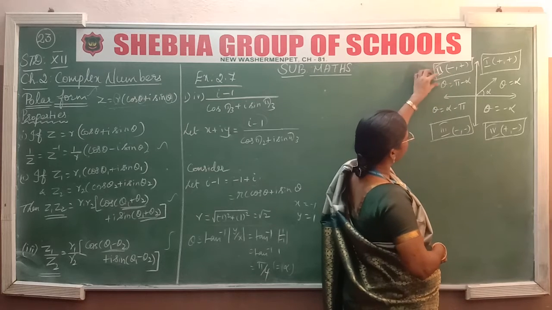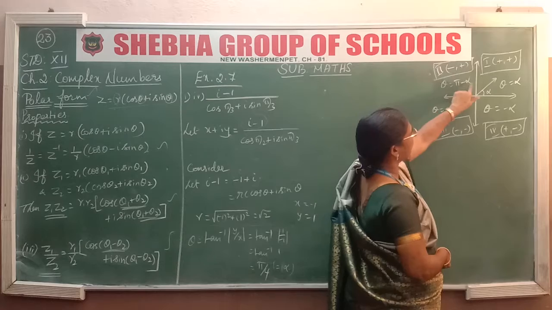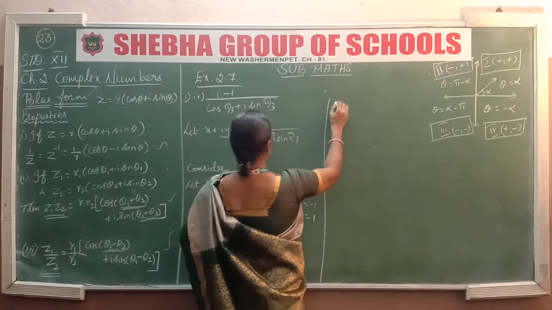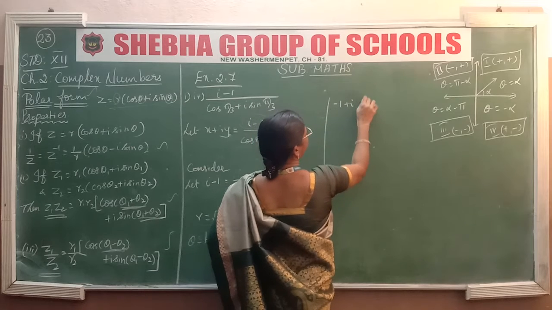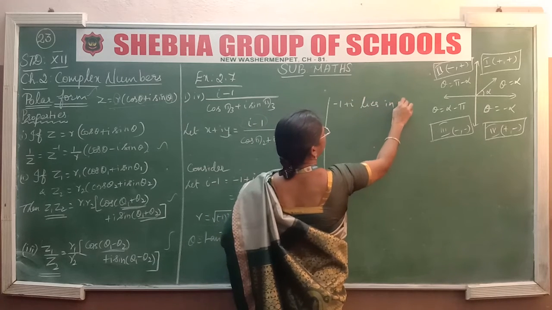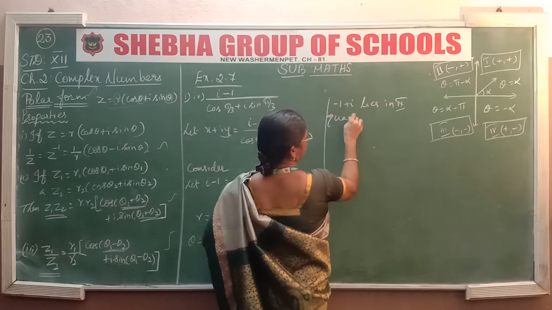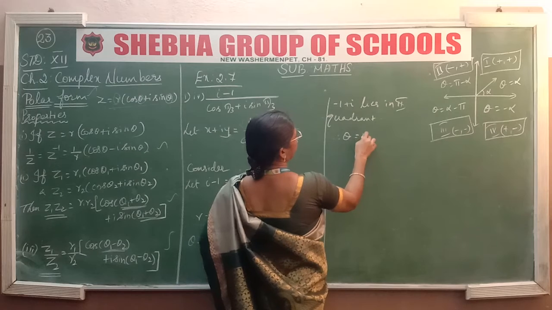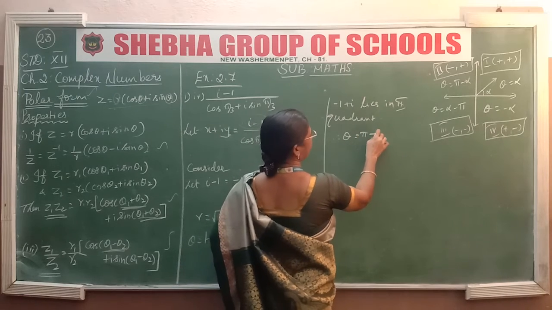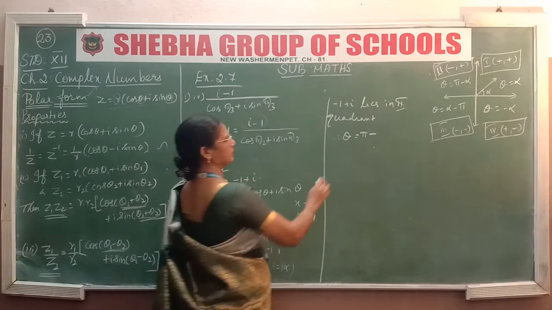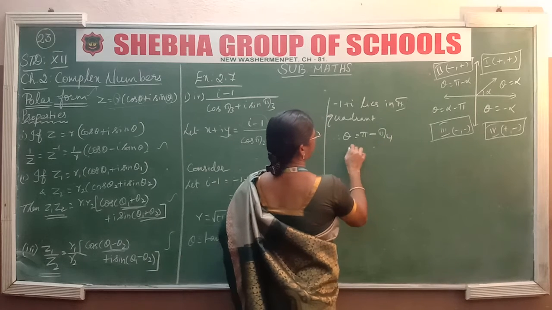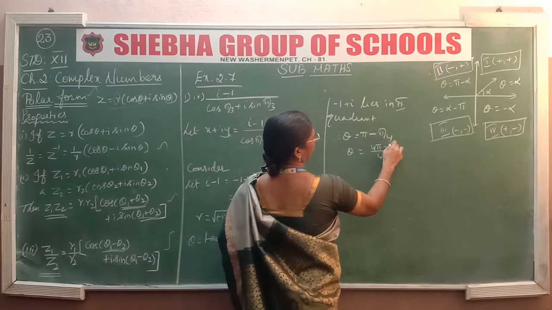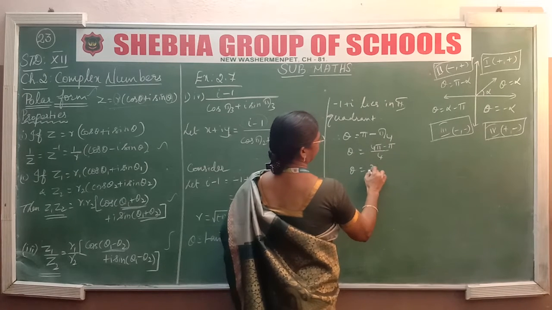In the second quadrant our argument is equal to pi minus alpha. So our minus 1 plus i lies in the second quadrant. Therefore theta is pi minus alpha. Here alpha is pi by 4. So our theta value, taking 4 as LCM, is 4 pi minus pi, that is 3 pi by 4.